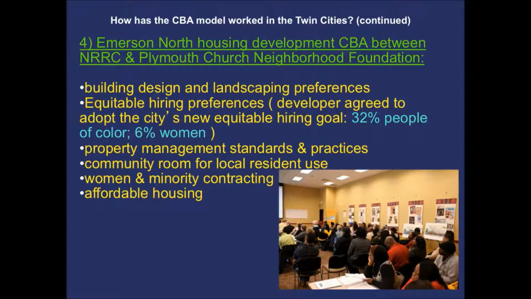So the CBA served as a way to placate some local resistance and concern and get very deliberate and intentional about what outcomes and expectations were going to come out of the project, including a very ambitious hiring goal for the estimated 100 people who would help build the affordable housing development project.